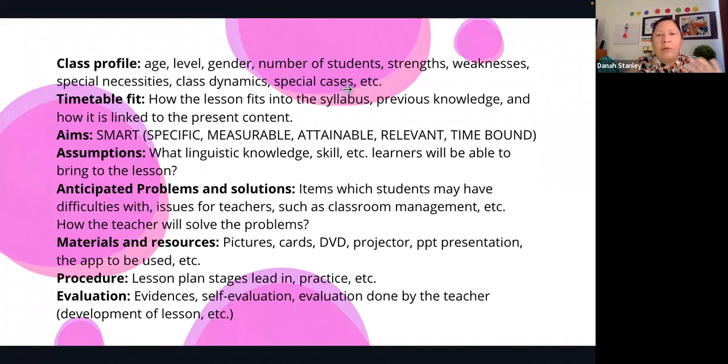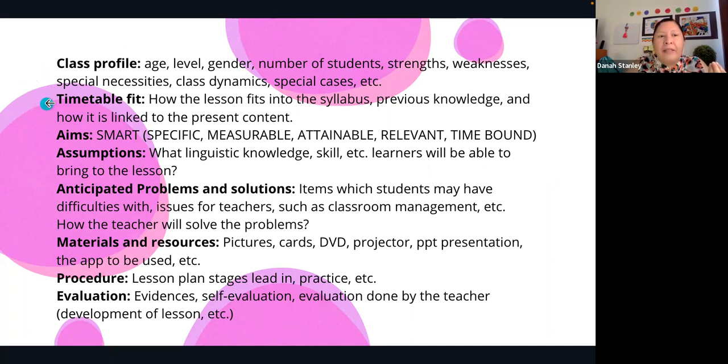Always there is going to be someone who may need something special. So from here, you choose the elements that may help you and which you consider is necessary and essential to make a proper class profile, okay?